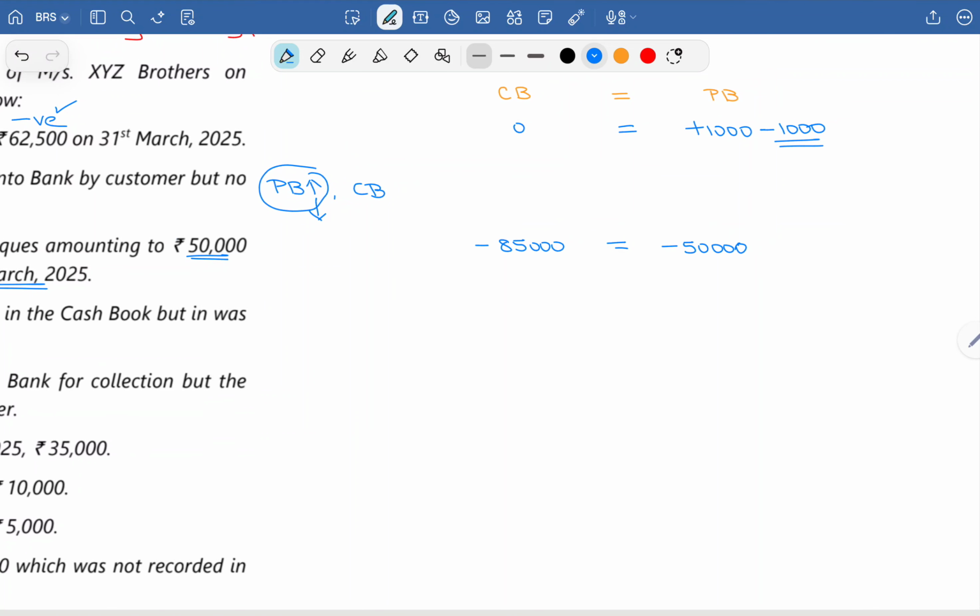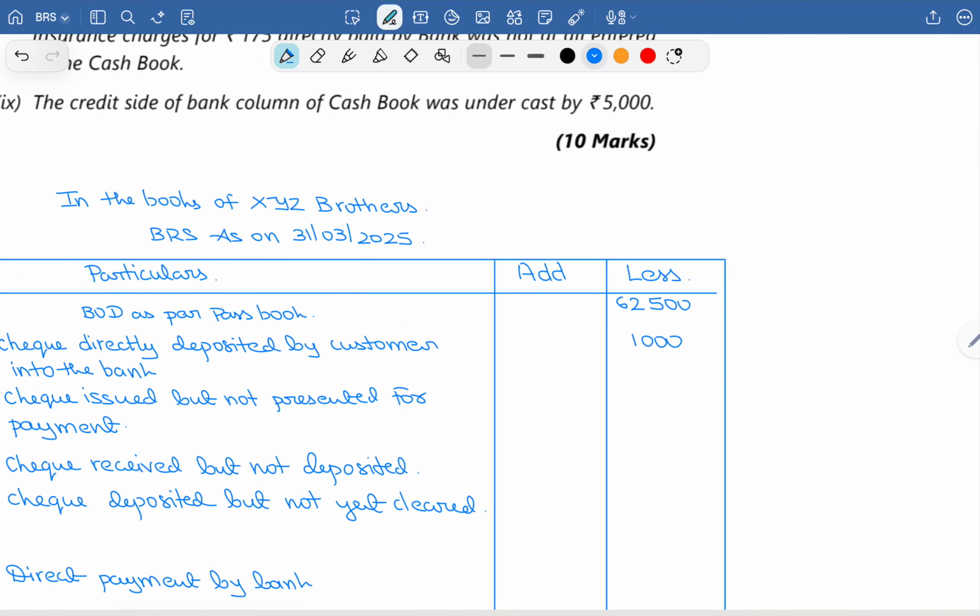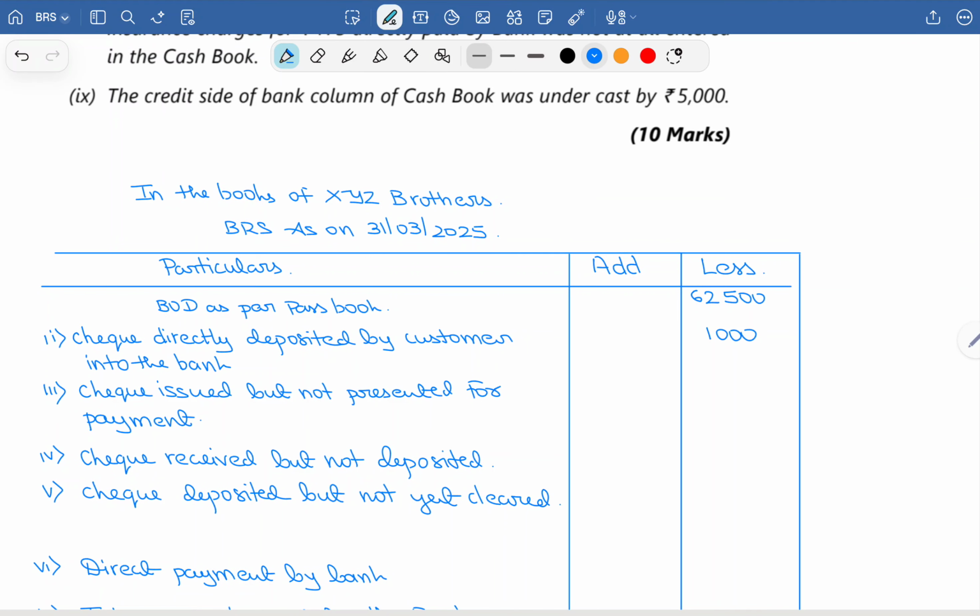I have to make cash book equal to passbook, and passbook is my base amount, so here I will write minus 35,000. Correct? Similarly in my BRS, check issued but not presented for payment, minus 35,000. Minus means I will write it in the less column. How is it 35,000? It is 85,000 minus 50,000.